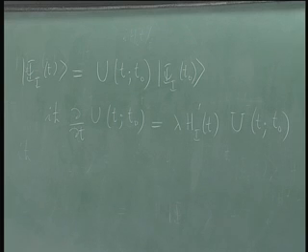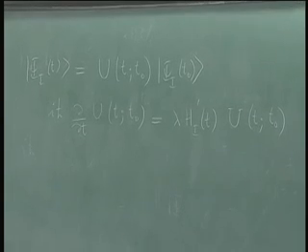The reason I use a partial derivative is because I have introduced this initial time label t0 and I want to make sure that I differentiate with respect to t.